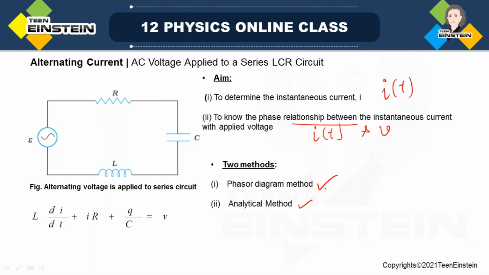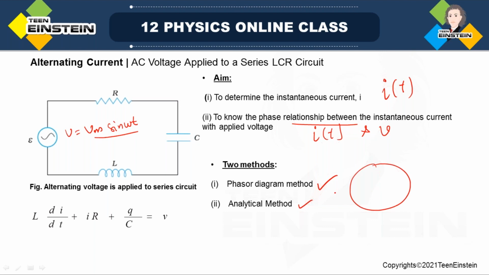So what is the phasor diagram method? If you remember, we had defined any sinusoidal voltage or signal by a rotating vector which rotates in the anti-clockwise direction. We had learned what a phasor is.